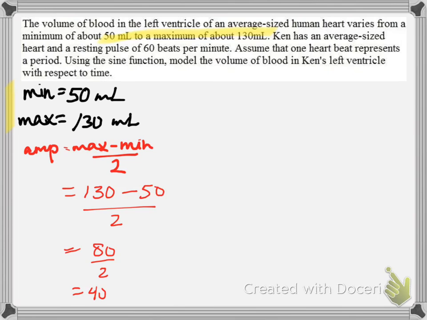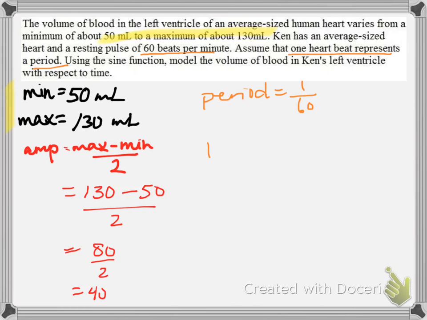Now we're going to calculate the period. We know that there's 60 beats per minute, and we assume that one heartbeat represents the period. So the period is equal to 1 over 60, because it's one beat, but there's 60 beats in a minute.